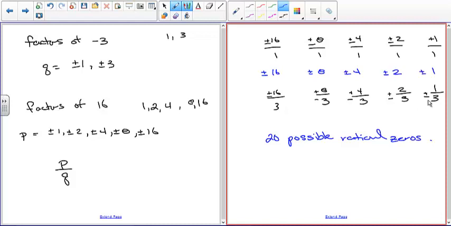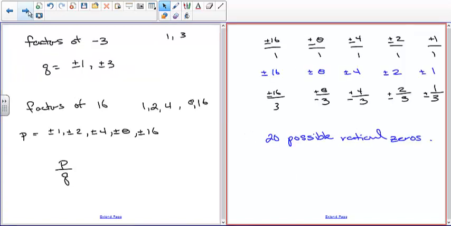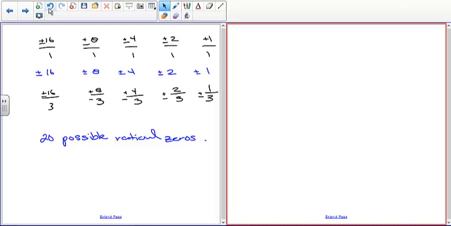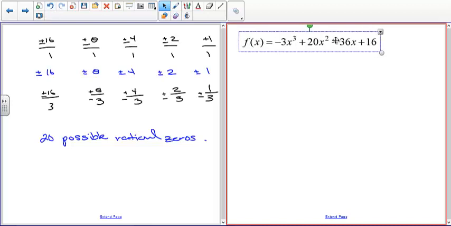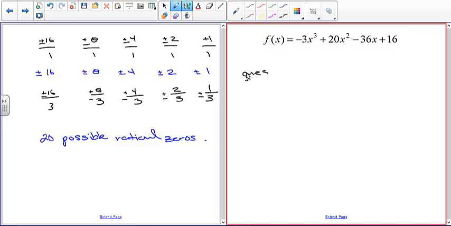Okay, now how do you determine if any of those are roots or zeros? Well, we can take the original equation, and let's say we guess, again this is a guess, x equals 1.